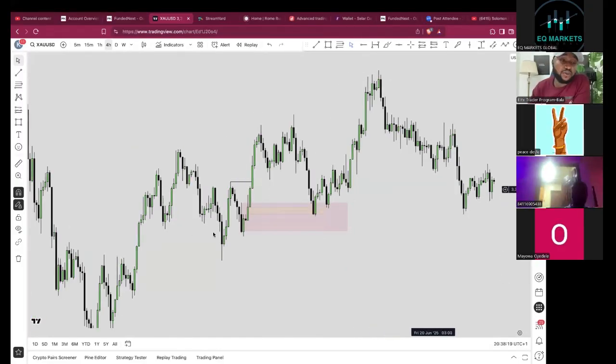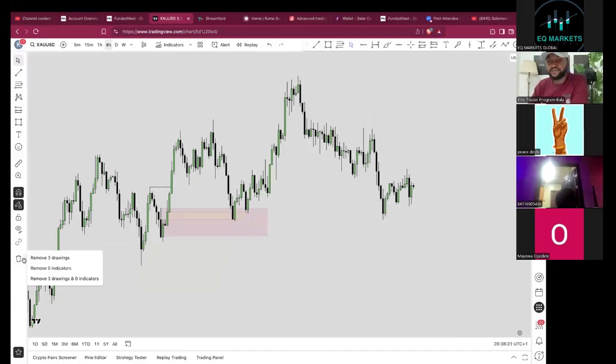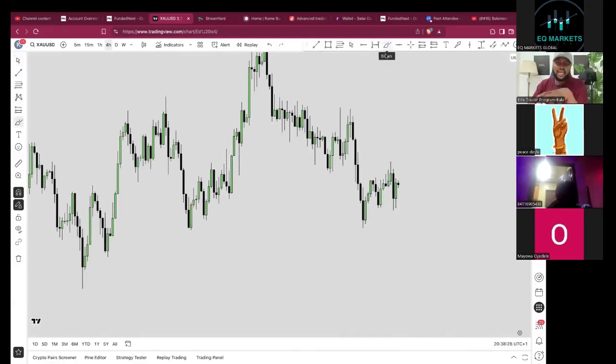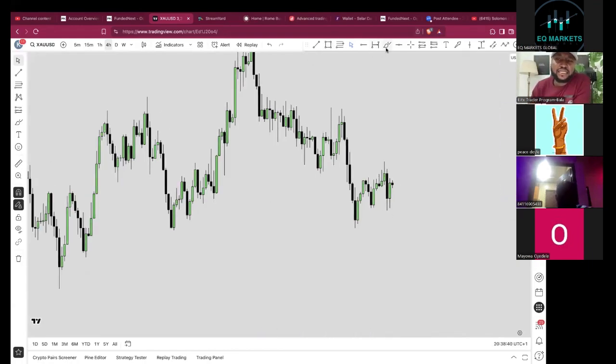But then we are looking for an opportunity to take today's trade. So when I come here, I'll realize that price is more of a bearish guy on the lower time frame as opposed to a bullish guy. Do you know that since yesterday, we've had a bearish movement on the 4-hour time frame on gold?